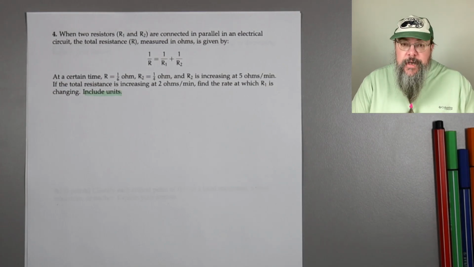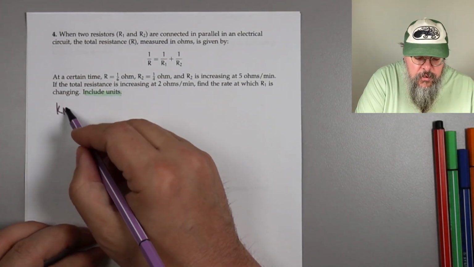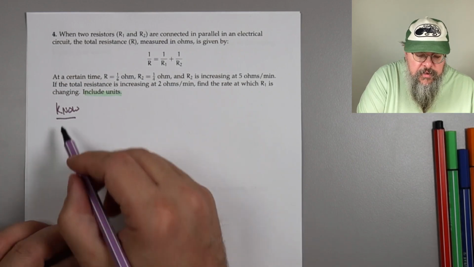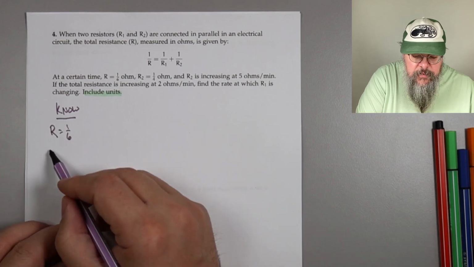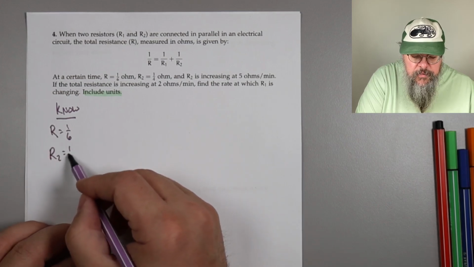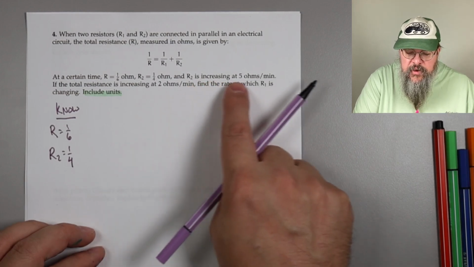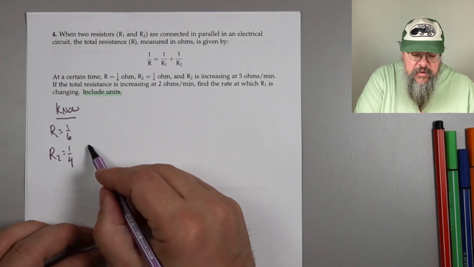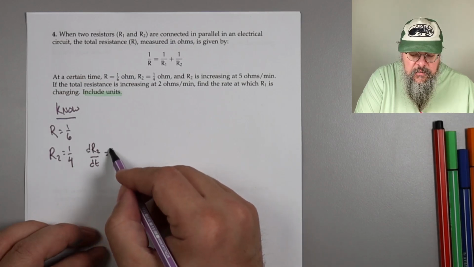All right, well, so let's see what we have. Let's write down what we know. Well, we know the value for R, that's 1 over 6. We know the value for R2, that's 1 over 4. We know R2 is increasing at 5 ohms per minute. That says dR2/dt is 5.